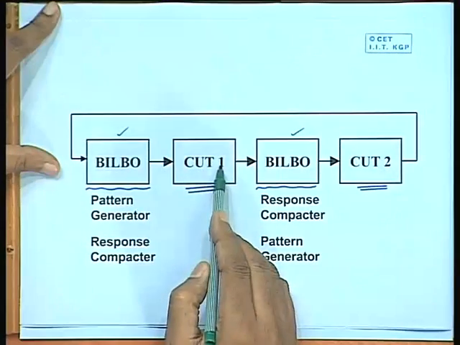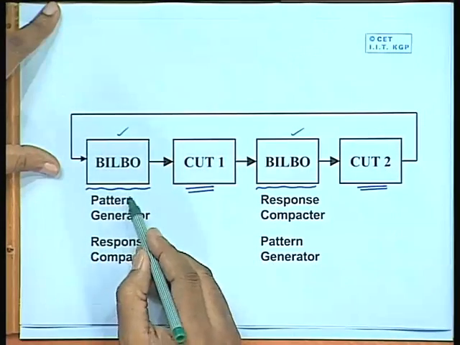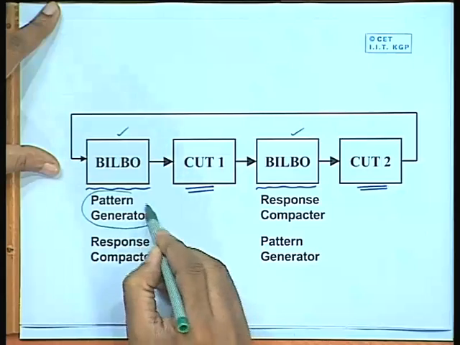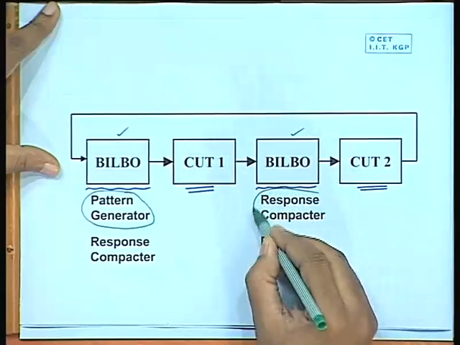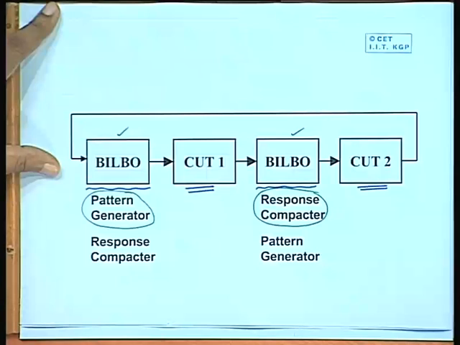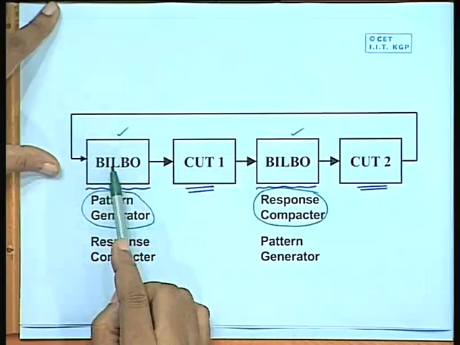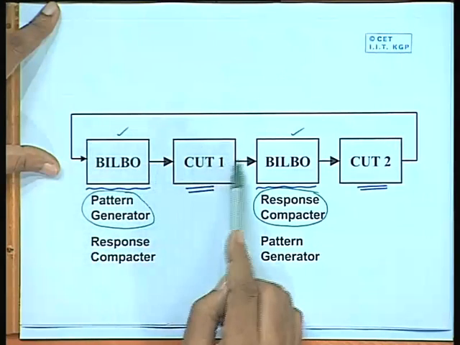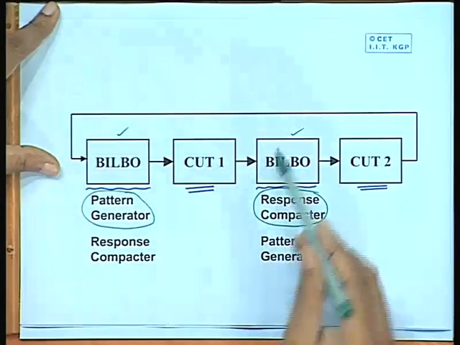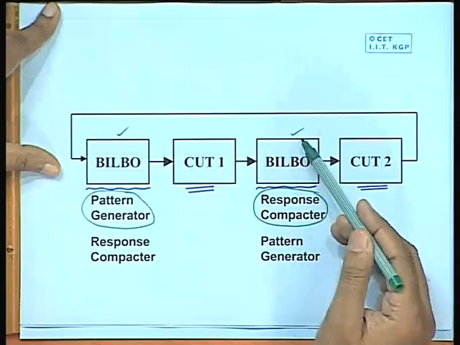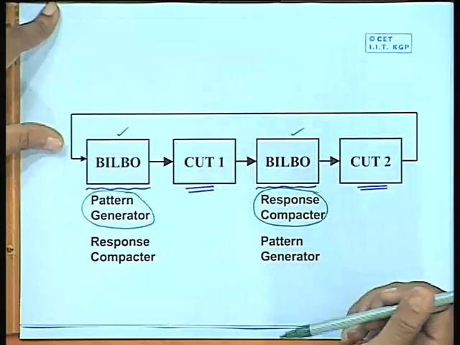Then, for testing CUT 1, we can configure one BILBO to act as pattern generator and the other BILBO to act as response compactor. So, this one will be generating the patterns and the output will be compacted here. After compaction, you can compare with the good value and see whether it is good or bad.